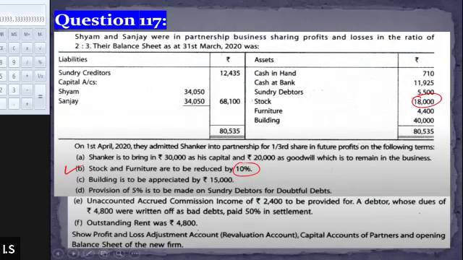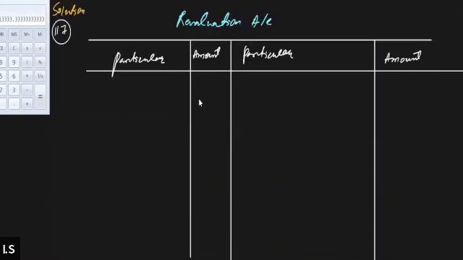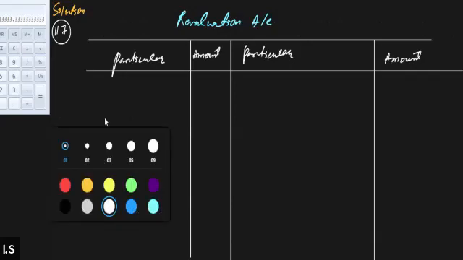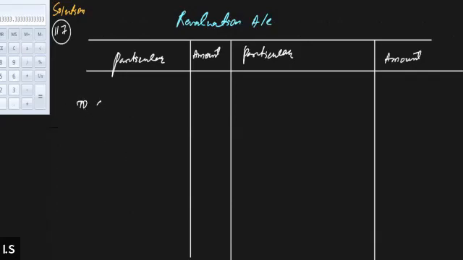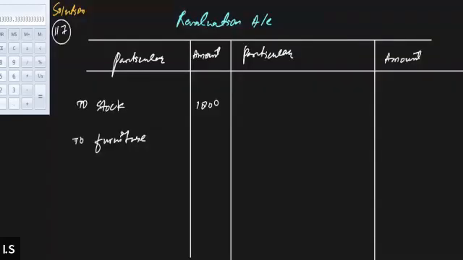So when the value of an asset reduces, on which side of the revaluation account do we record that? On the debit side or the credit side? Debit side, right? So we'll go to the debit side and write down to stock, reduced by 10%. That means 1,800, and furniture will also reduce by 10%. The value of the furniture was 4,400. Reducing it by 10%, the reduction is 440. Got it? Is this clear, both of you? Yes, sir.